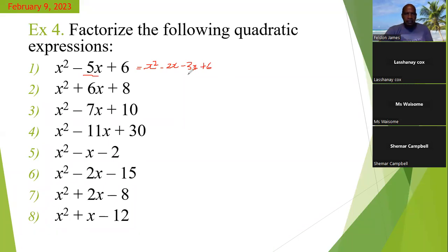All right. So now if we factorize this by grouping, we take out the common factor for this pair, which is x. We take x into x squared, leaving x. x into -2x, just leaves -2. And then for the second pair, the common factor we use is -3.